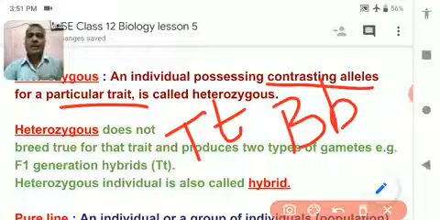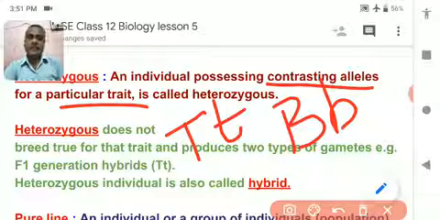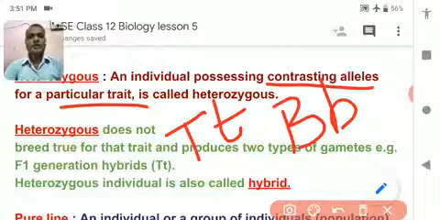We can represent any character or trait with the help of an English alphabet letter, either capital or small. Capital is responsible for showing the dominant character, while the small letter represents the recessive character of that particular trait.